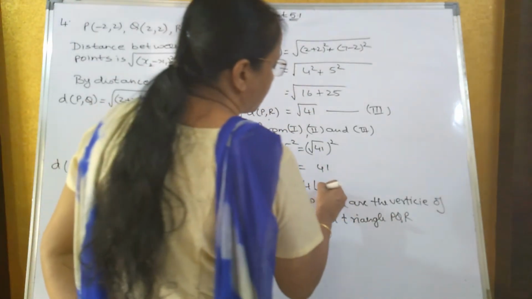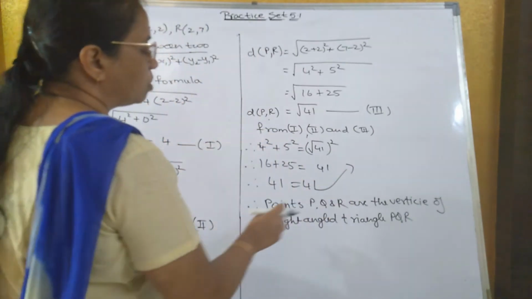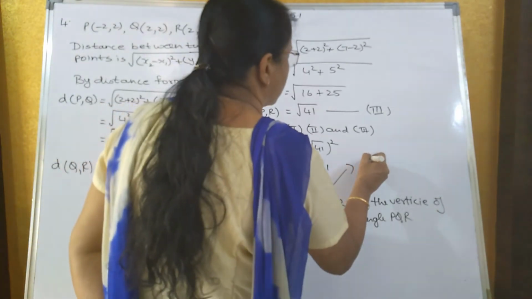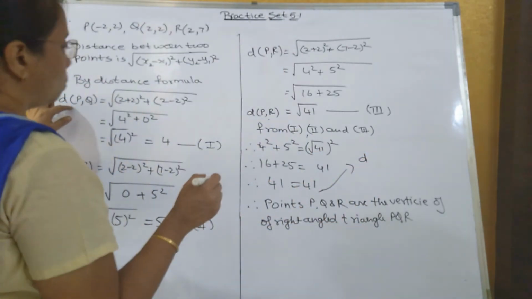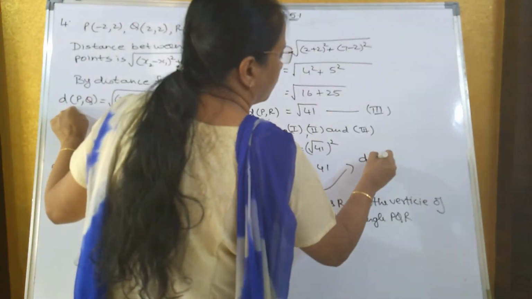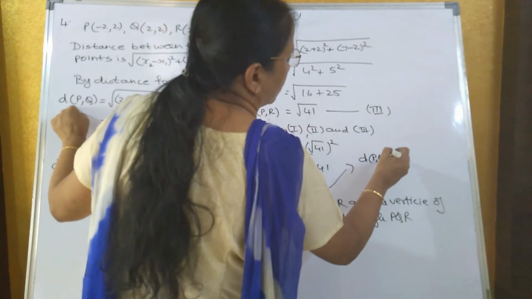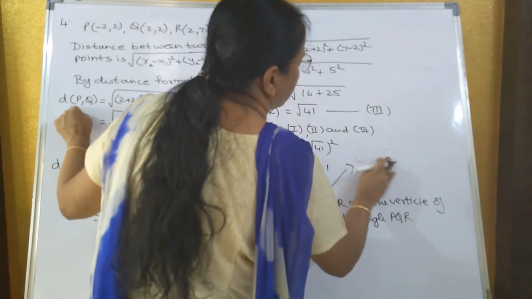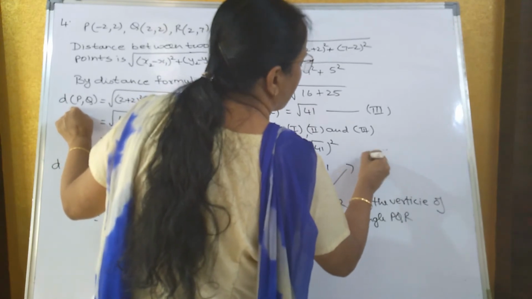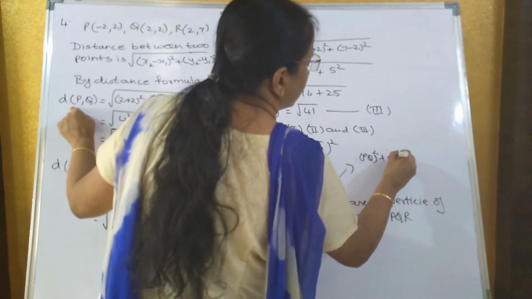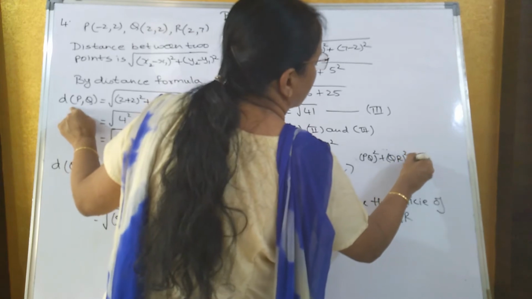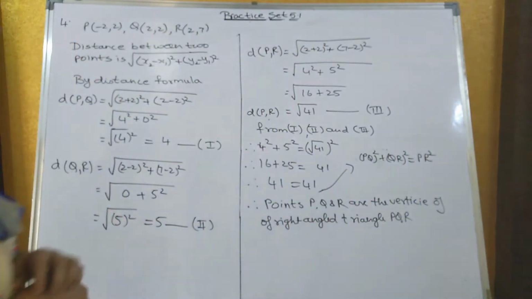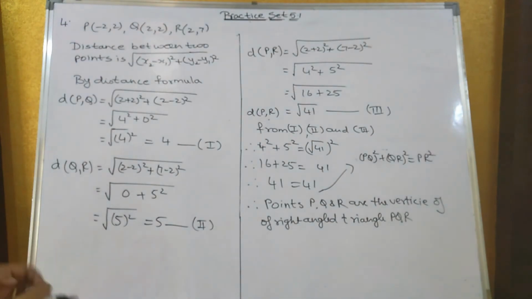Here one more step will come. You write down just one more step after this: distance PQ square, or you can only write PQ square plus QR square is equal to PR square. Therefore, these are the vertices of a right angled triangle.